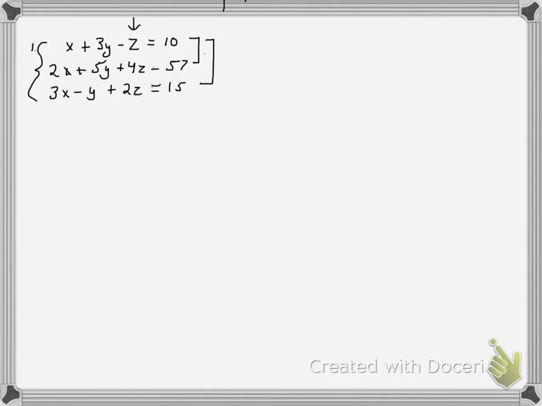So first I'm going to use 1 and 2, and I will multiply the first equation by a 4, so I'll get negative 4z plus 4z. That'll be my multiplier. Let me copy those two down. On the next lines, I'll get 4x plus 12y minus 4z equals 40.